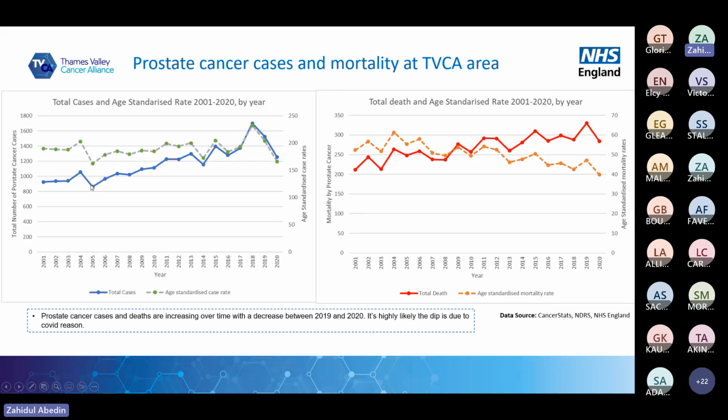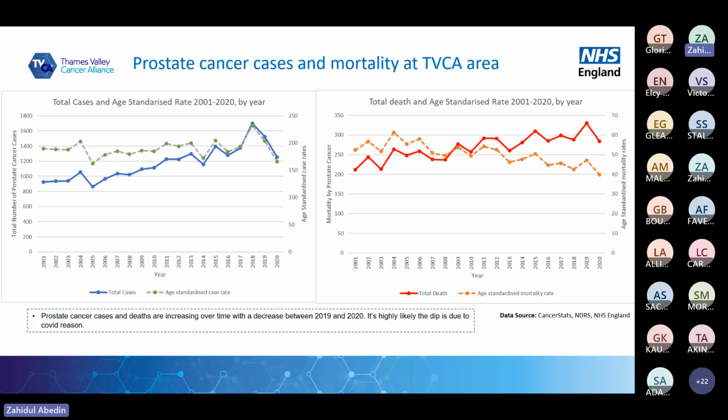At the TVCA area there are a few dips, and in the recent two years, 2019 and 2020, there is a decreasing trend. But this is obviously because of COVID, because we saw a similar trend for other cancers and referrals as well.